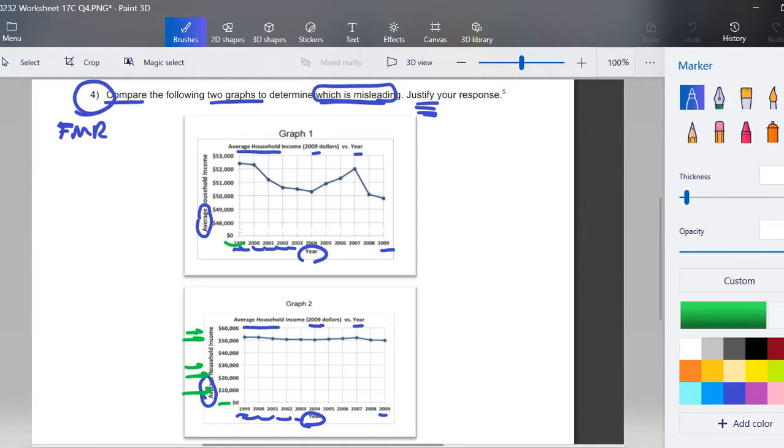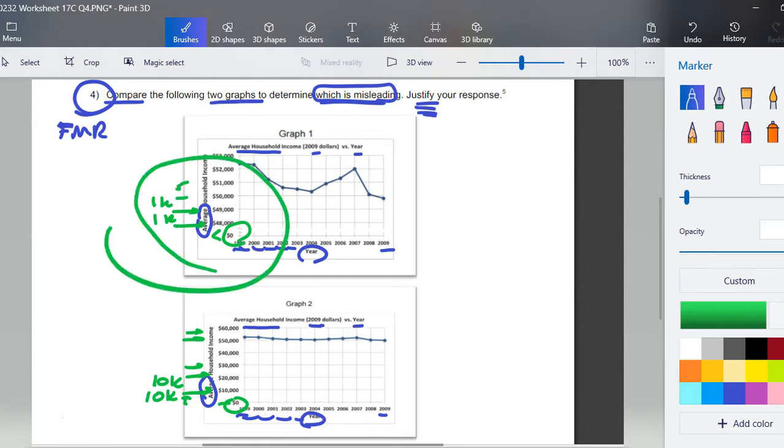And if you look at this graph, we've got a little thing going on. We start at $0, but then it jumps straight to 48, 49. Oh, wait a minute. This one starts at 0 and goes up by 10,000 increments. This one starts at 0, but then jumps to $48,000 and then just goes up 1,000 from here on out.